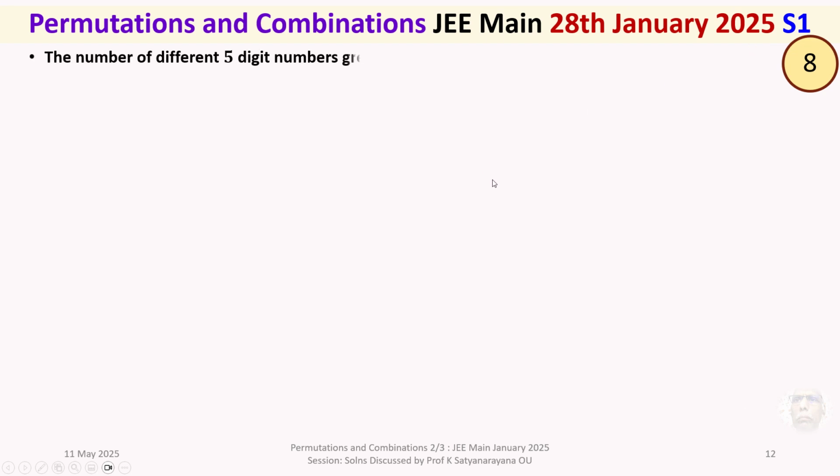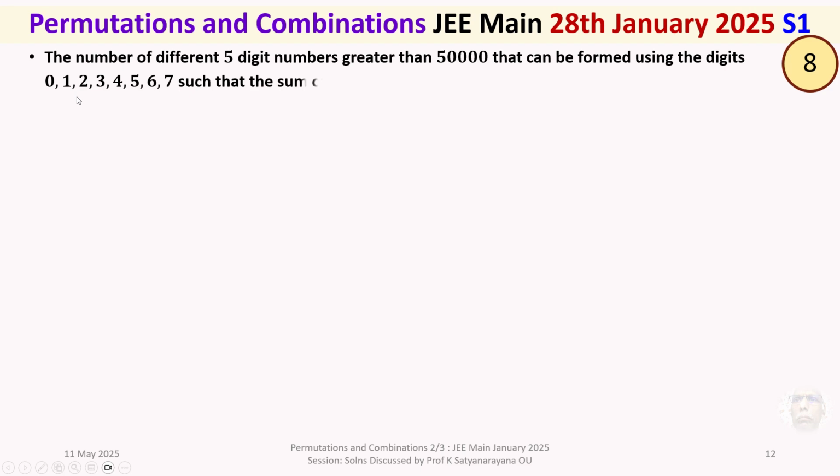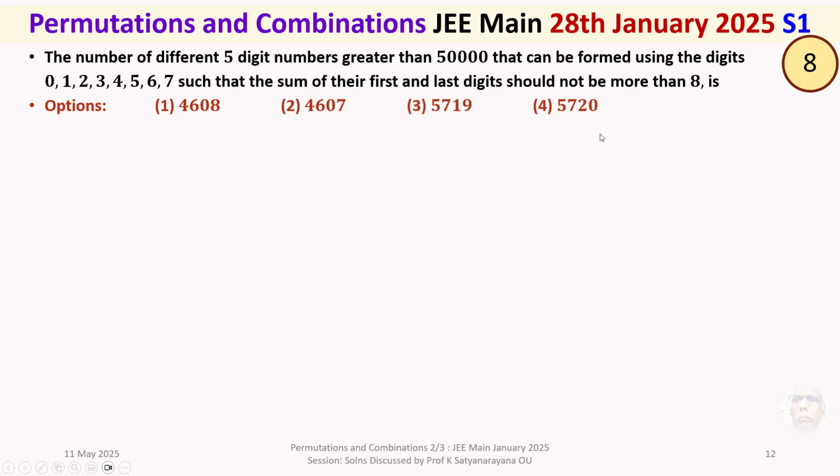The given question is: the number of different 5-digit numbers greater than 50,000 that can be formed using the digits 0, 1, 2, 3, 4, 5, 6, 7, such that the sum of their first and last digits should not be more than 8 is. We are given 4 options.